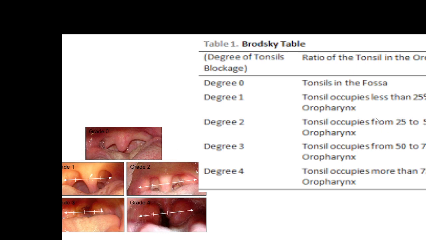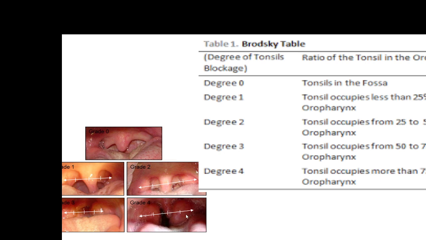When the tonsils occupy less than 25% of the diameter of the oropharynx, that is grade 1. When it occupies between 25 to 50% of the oropharynx, it is second degree. Third degree is when it occupies 50 to 75%, and fourth degree is when it is more than 75%.